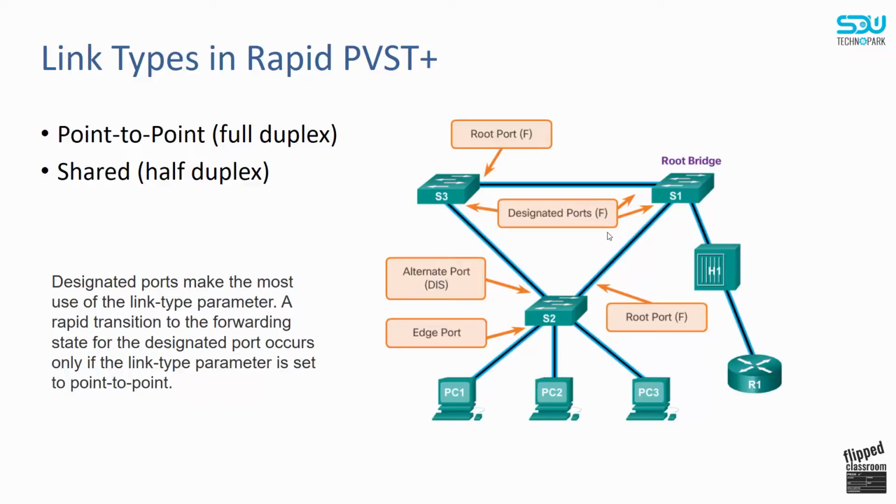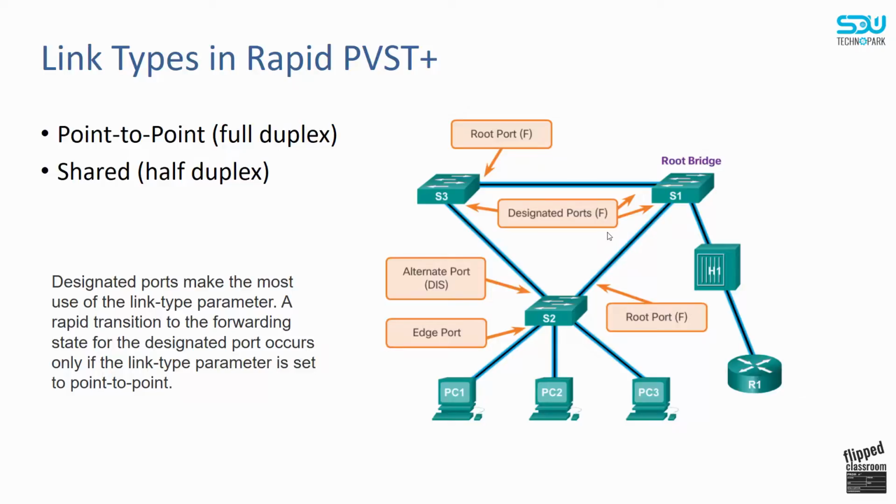A non-edge port has two types of links: point-to-point, which is full duplex interconnectivity between switches, and shared, which is half duplex, the interconnectivity with hubs and concentrators. Designated ports make the most usage of the link type parameters. A rapid transition to forwarding state for the designated port occurs only if the link is placed in point-to-point state.